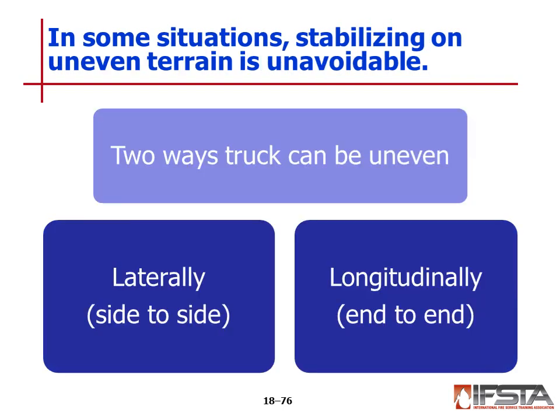In some situations, setting up on uneven terrain is unavoidable. When necessary, the driver operator is required to make the apparatus as stable as possible, realizing operation of the aerial device may be somewhat limited compared to operation on level ground. There are two ways trucks can be uneven: lateral, which is side to side, or longitudinal, which is end to end.